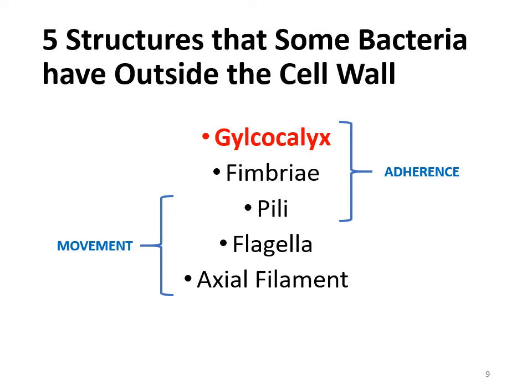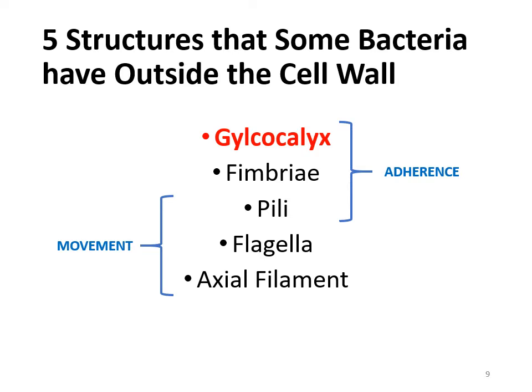Now for glycocalyx, there's a few facts that I want you to remember. First of all, the glycocalyx can either be firmly attached to the outside of the cell wall or loosely attached. If it's firmly attached, we call it a capsule. And if it's loosely attached, we call it a slime layer.